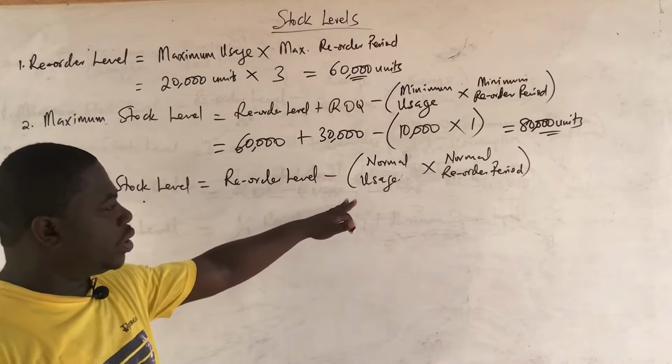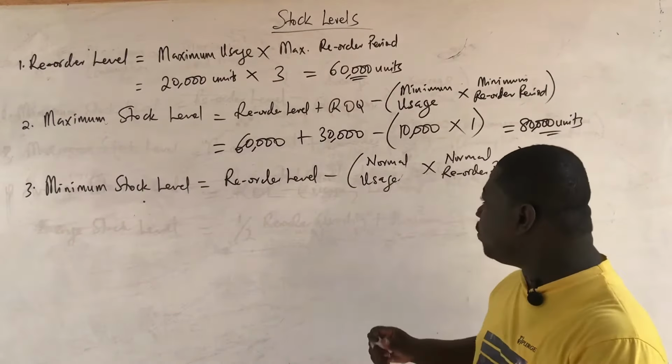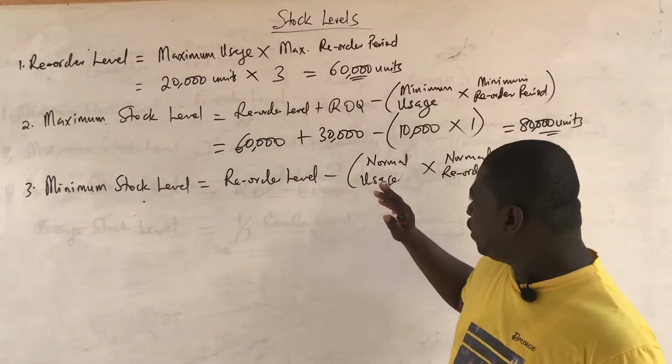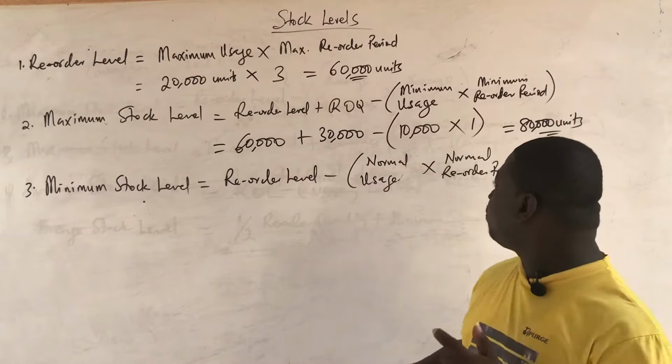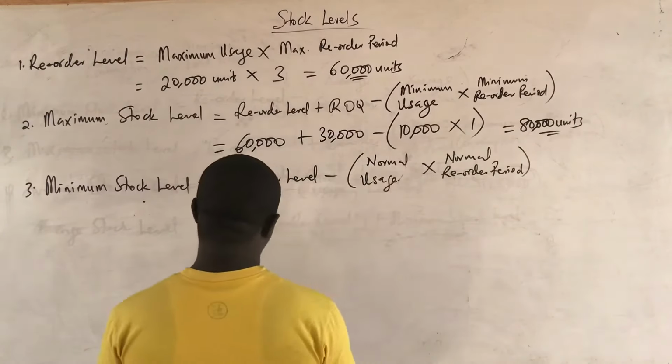Reorder level minus your normal usage times your normal reorder period. The normal means average. Now, in this question, we're given the normal usage and the normal reorder period, but we have been able to calculate our reorder level. And so we put that in.